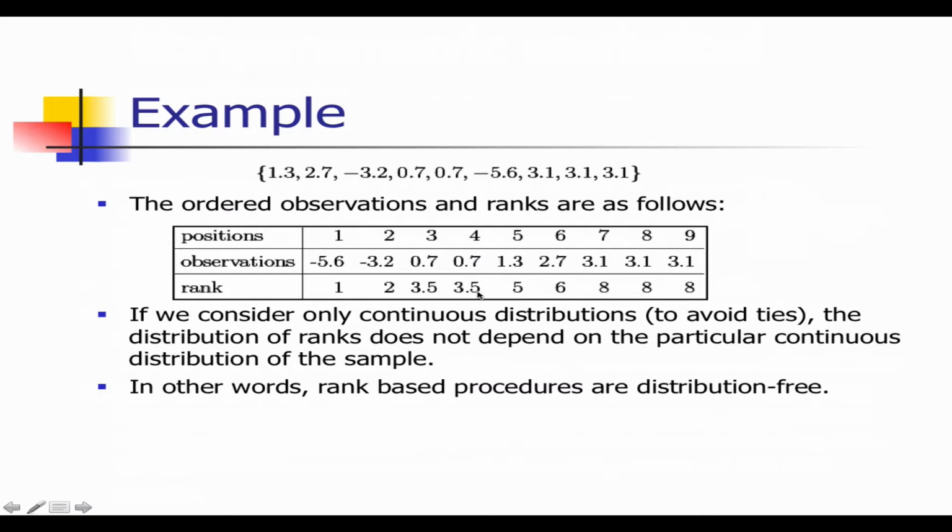In this course, you can handle that by taking the positions of the ties, taking the average, and assigning that as the rank. If you talk about a continuous distribution, ties should not be there, because for a continuous distribution you can always go more precise and avoid ties.